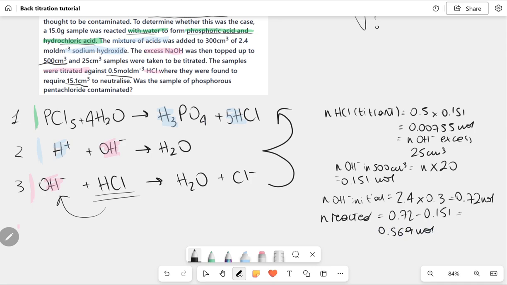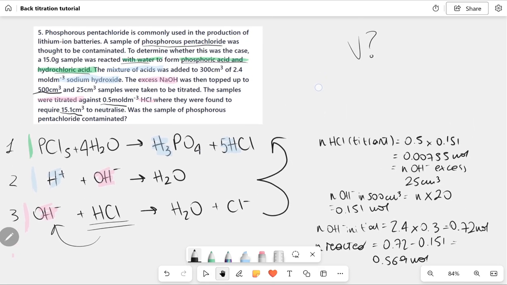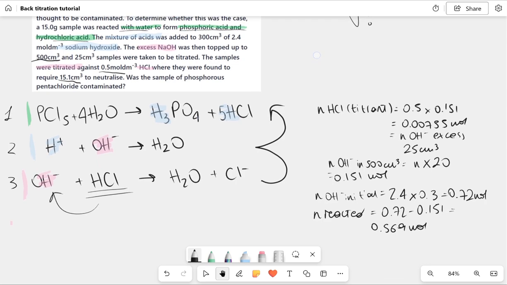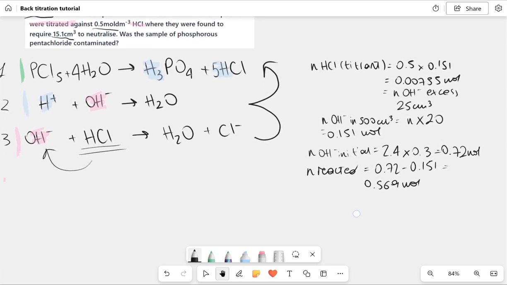So this gives us 0.569 moles. And now we need to think about how is the OH minus of the second equation related to the first equation, and this is where reading the question again might be useful. And we see that the mixture of acid was reacted with the sodium hydroxide. This means that we need to figure out how much of the acid that corresponded to and what's the ratio between the acid and the PCl5.